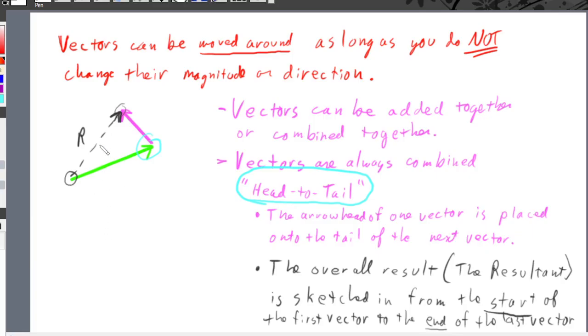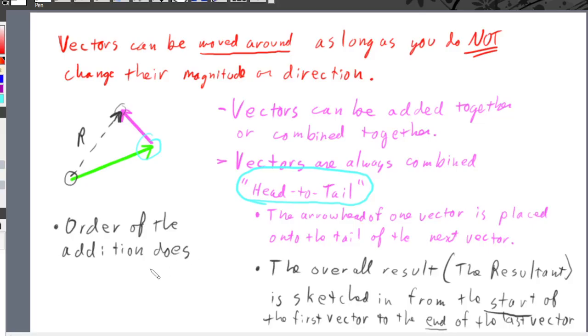So that is how vectors are added. Two other things that I will mention. Number one, the order does not matter. Remember that addition has a commutative property which states that the order of addition does not matter.